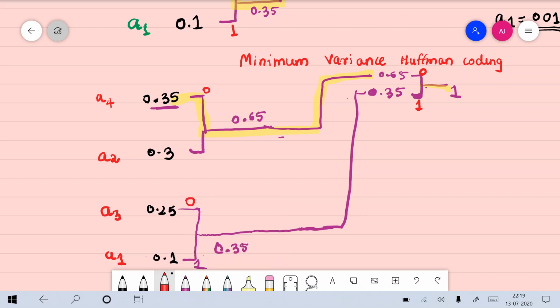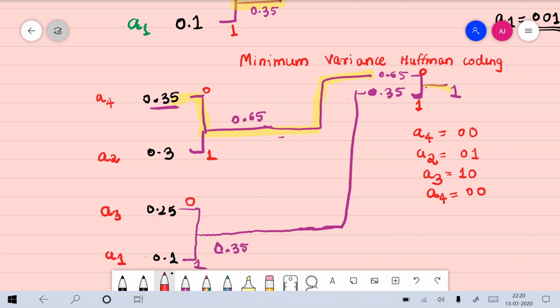So this is 0 and this is 1. So when I write it for A4, what is the code I'm having? I'm having it as 0, 0. When I write it for A2, the code is 0, 1. When I write it for A3, the code is 1, 0. And when I write it for A4, the code is 0, 0.